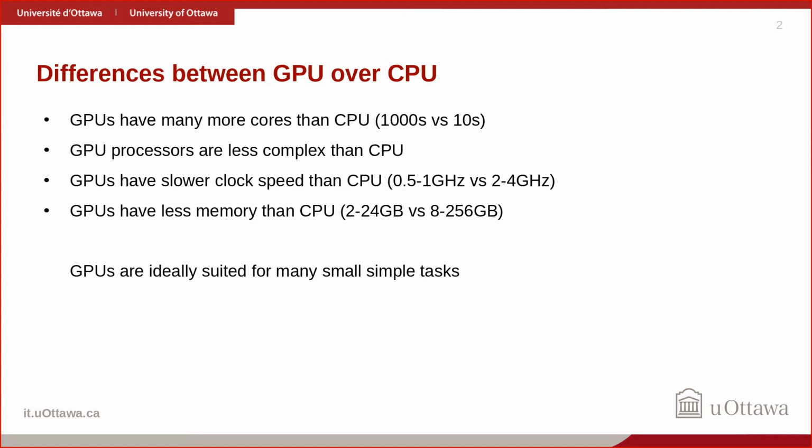So for problems you need to tackle with the GPU, you need to have something that you can split up in a lot of small tasks, and that's really where GPUs shine. And it makes sense because GPUs are meant for graphics acceleration. The thing that they were designed for was taking a big image with lots of pixels and then doing an operation on each of those pixels. So you need something that can handle a lot of small tasks quickly.